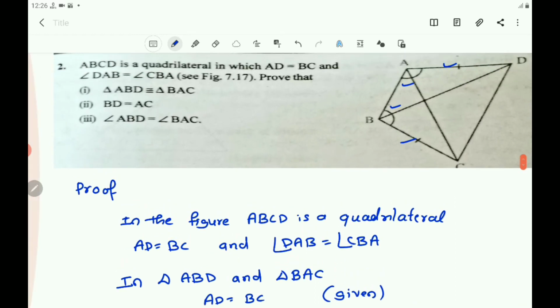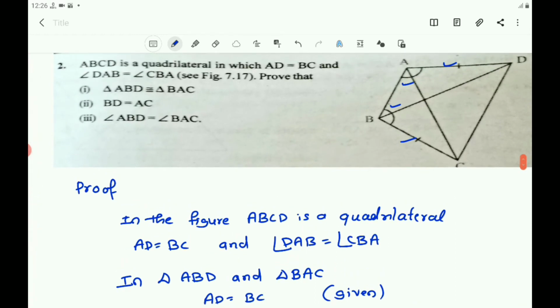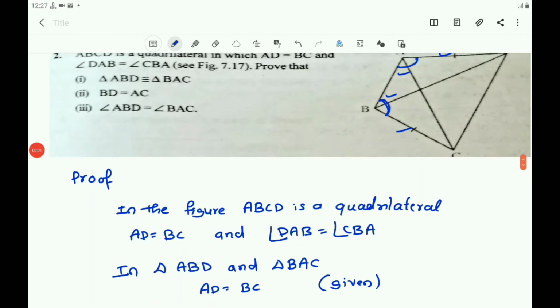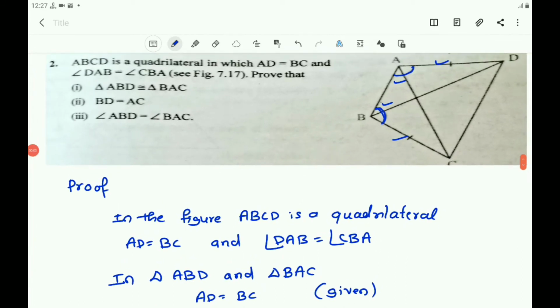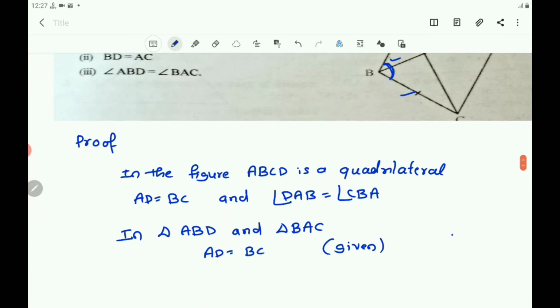Next also it is given that angle DAB is equal to angle CBA. Then you write angle DAB is equal to angle CBA.